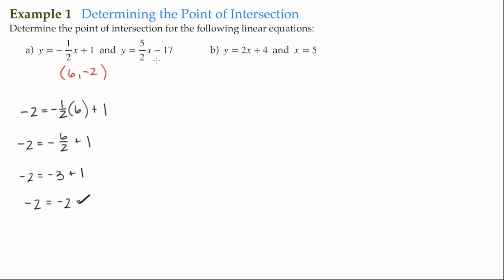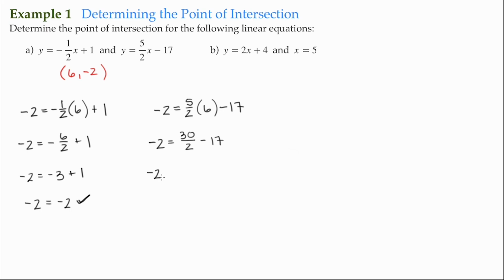It's going to do the same for this one, so let's check it out. We have negative 2, that's y. That's equal to 5/2 x, which is 6, minus 17. Negative 2, that's equal to 5/2 times 6, that's 30/2, minus 17.